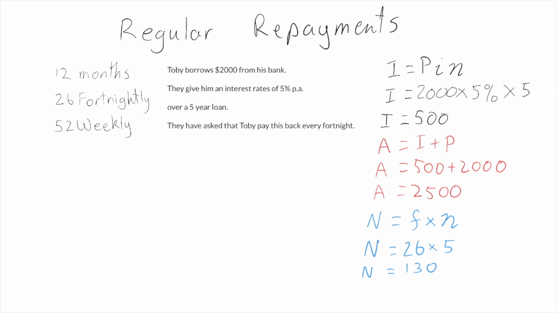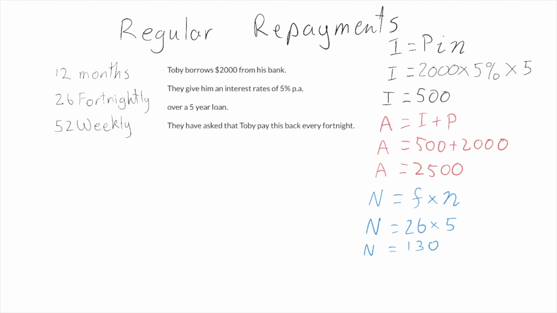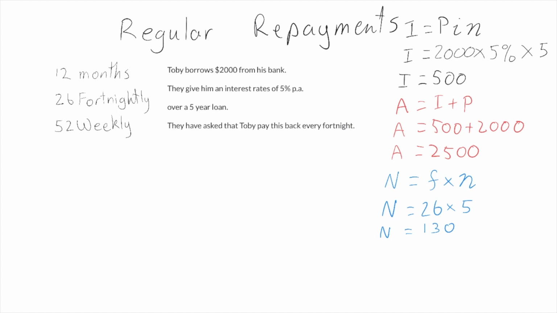Now we need to calculate how much each repayment is going to be. So let's move these up a little bit to make a little bit more space. Now, let's put this again in a different color. We want to know what our regular repayments are. That's going to be our total amount divided by the number of repayments.